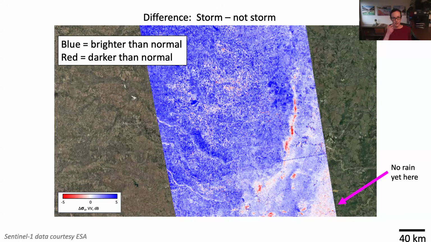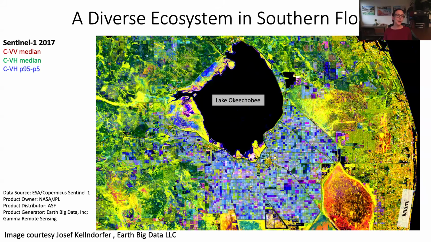This is showing an image in Florida. This is put together by Joseph Kellendorfer, also with Sentinel-1 data, which has been up for more than a decade now. Here he's looked at not just one part of the image, but different polarizations of the radar. We can send out vertically polarized waves and record the vertically polarized return, but we can also record the horizontal polarization of the return signal as well.